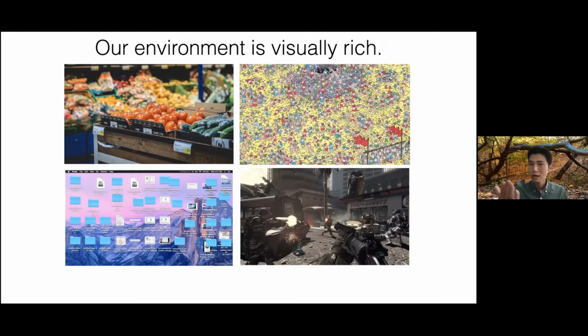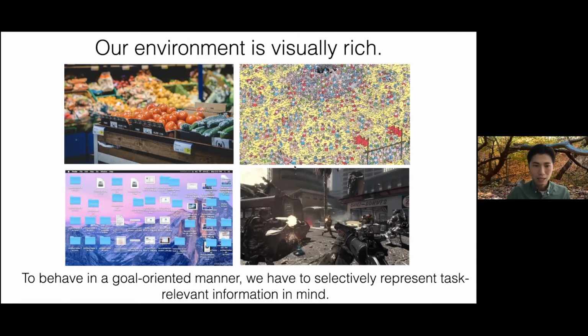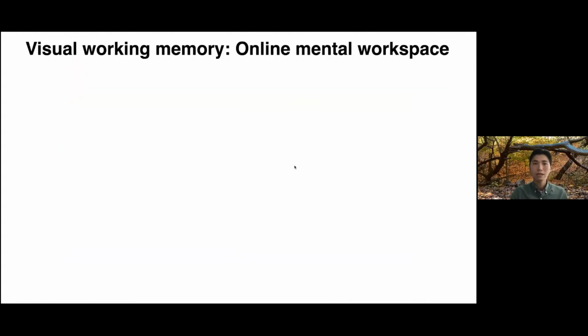So no matter what slice of life you take, what you're constantly challenged with is this massive flood of visual information. And to behave in a goal-oriented manner, what you have to do is selectively represent task-relevant information in your mind. Fortunately for us, our mind is equipped with visual working memory, an online mental workspace.